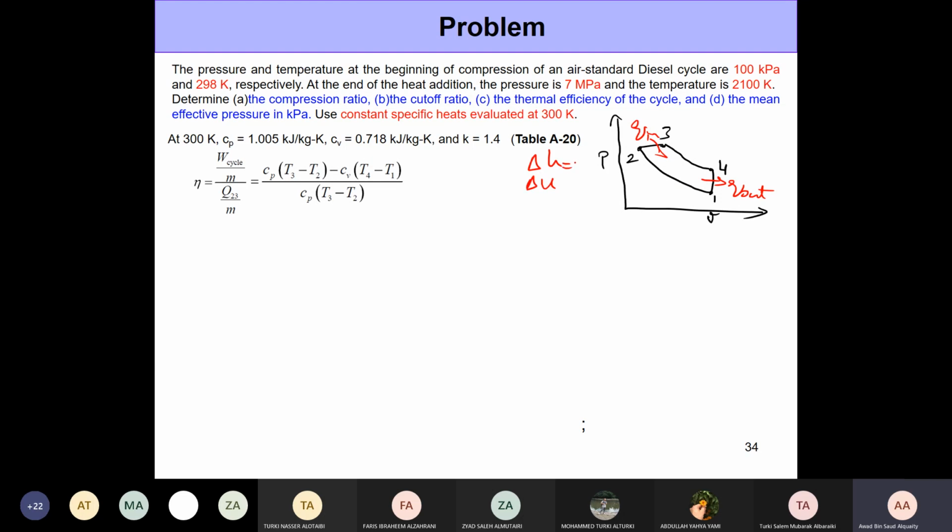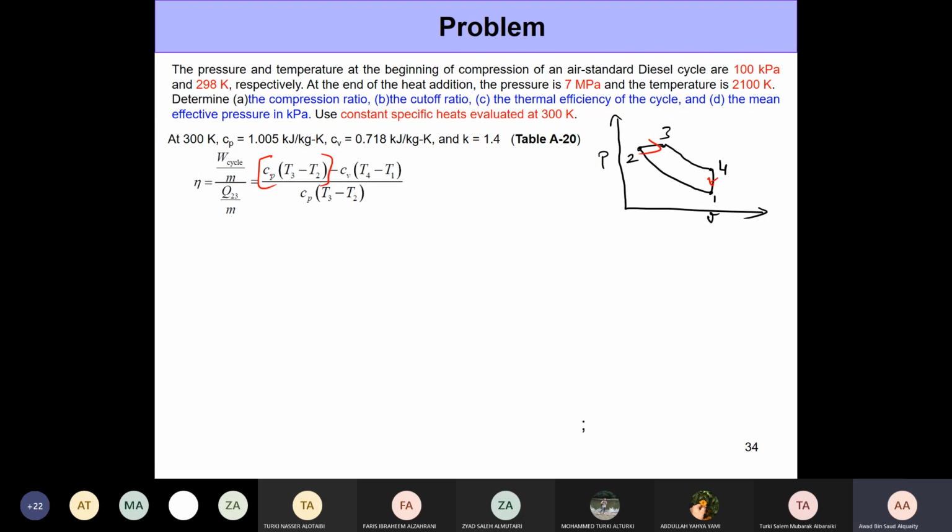We approximate it as Cp delta T and Cv delta T. And we have the values of Cp and Cv already from table A20. So Q_in is basically happening from 2 to 3, so it'll be Cp times (T3 minus T2). And heat rejection happens from 4 to 1, so it's minus Cv times (T4 minus T1), of course, divided by the Q_in.